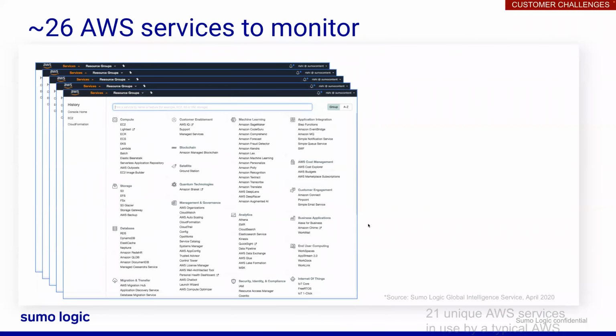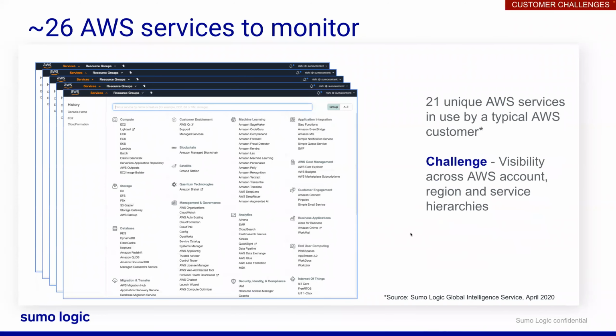And within each service, for example EC2, you have multiple entities and multiple instances that correspond to it. They might have their own data monitoring. The problem with all this complex hierarchy is that it often leaves vast data silos, where it can be difficult to acquire a clear picture of overall AWS service health across regions and accounts.